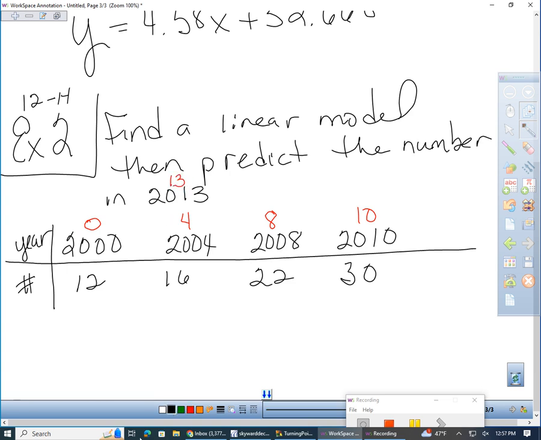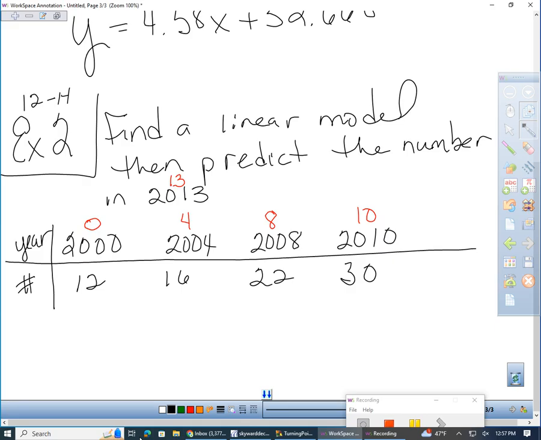All right, so let's go ahead. We're going to go back into stat. Let's see if we can calculate our equation. Why does what happen? Because it's going to make your numbers too much for the calculator to handle, because the years are so much bigger.